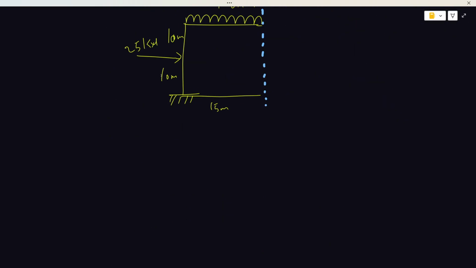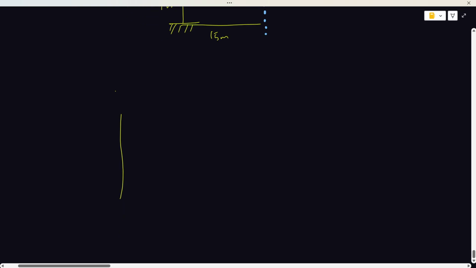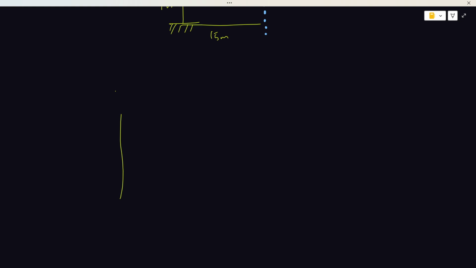Splitting it like it is here, which is what we're currently seeing, we found that the equilibrium equation, when we applied it to the structure, gave us AY as 24. It gave us AX in this direction as 25. And it gave us a moment in this direction of 430.